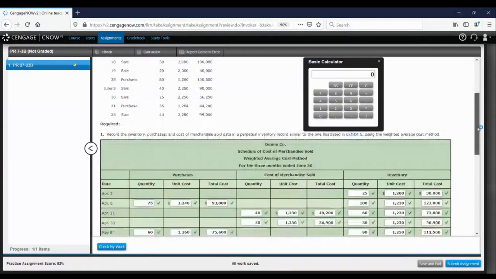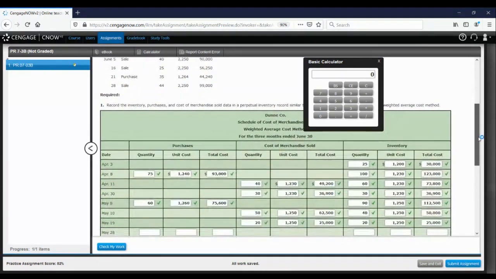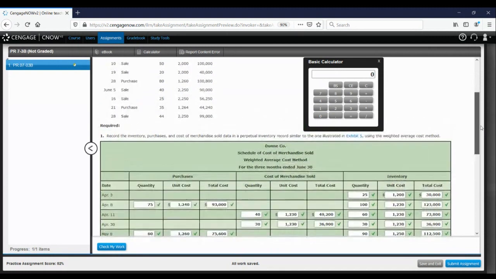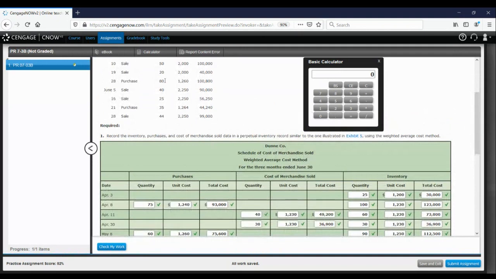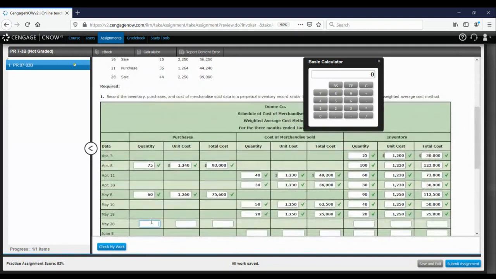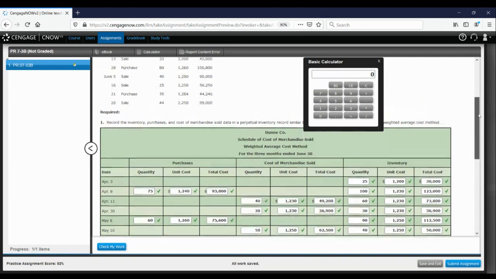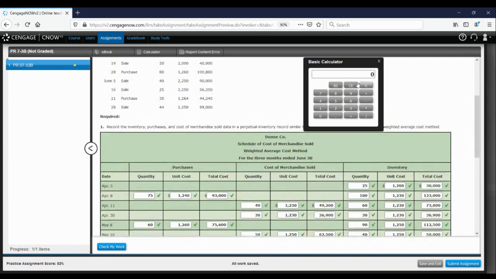We have to record this purchase in our cost card. And again, on May 28th, we purchased 80 units at $12.60. So 80 times $12.60 is $100,800.